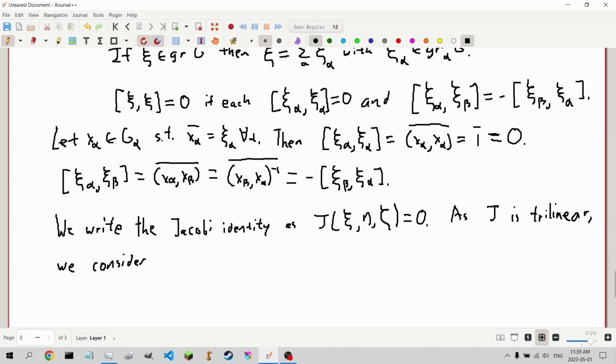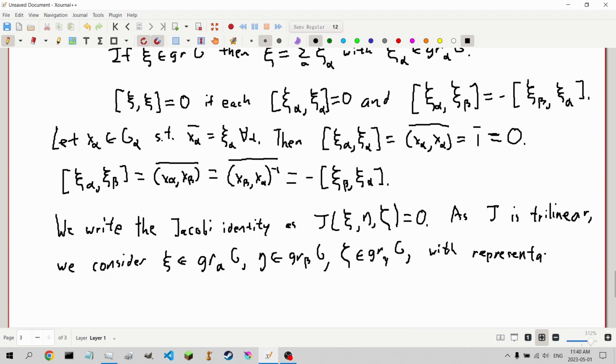And we're going to say let Xi be in gr alpha of G, Eta be in gr beta of G, and the third be in gr gamma of G. And once again, we're going to pick some representatives here for these terms.